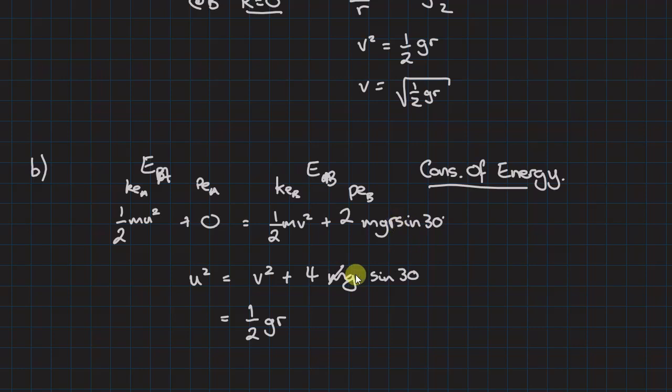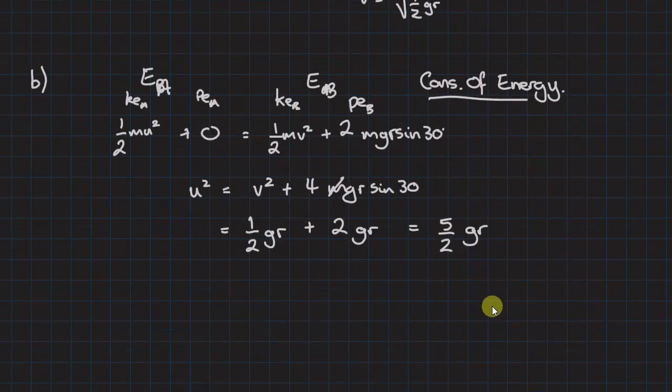The r here is to give me my height. So we plus 2gr. So u squared equals 5/2 of gr. And therefore u is the square root of both. And that's using conservation of energy to find out the speed at position B.